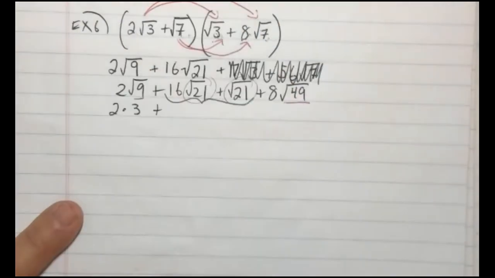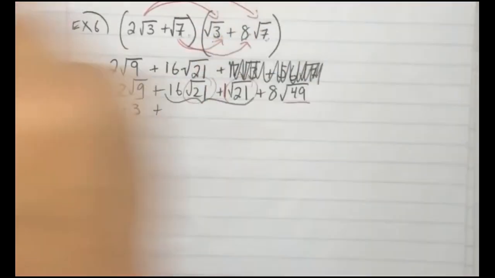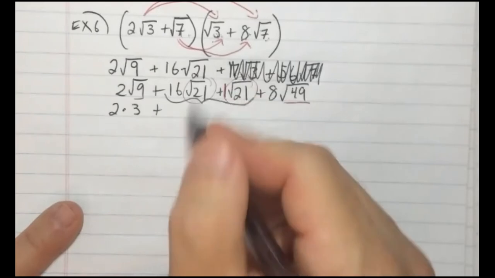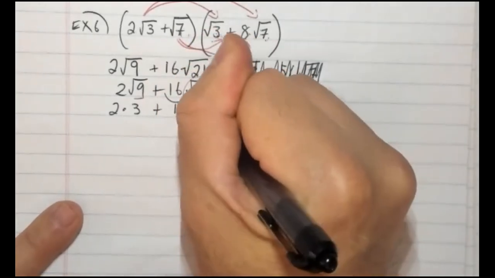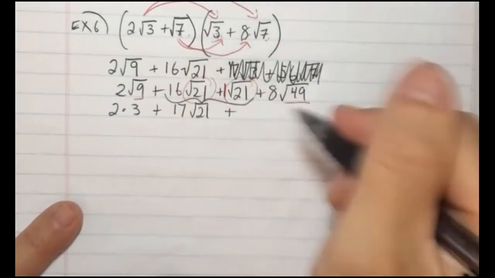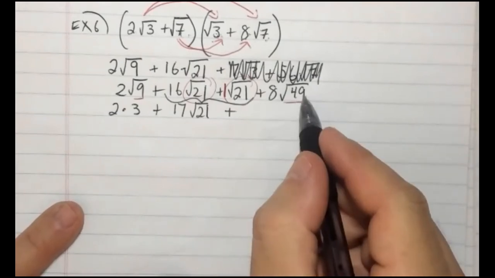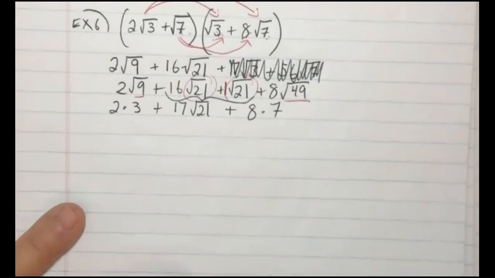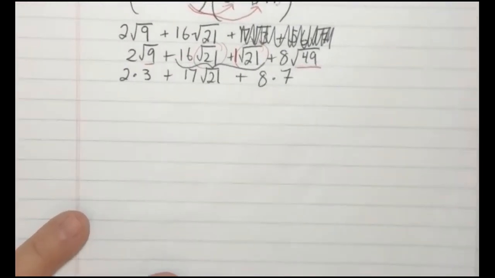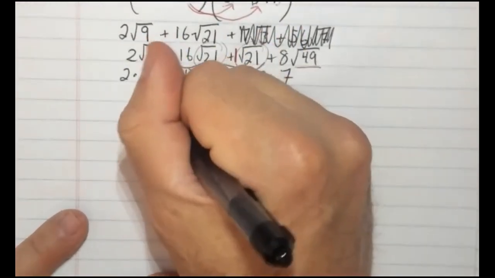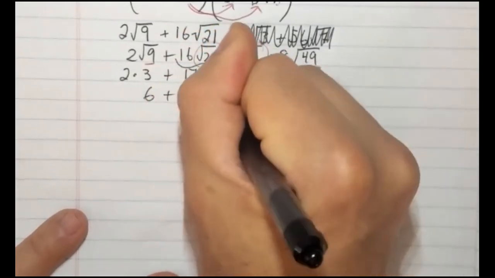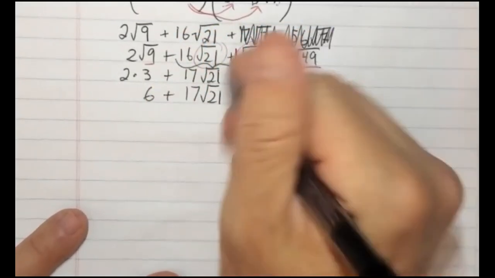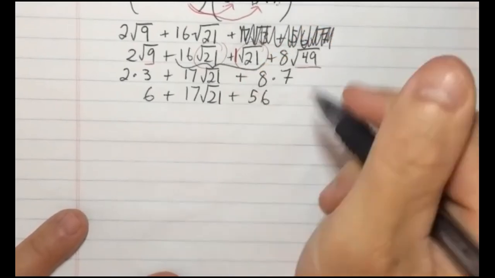Remember, this has a 1 in front of it, so 16 plus 1 would give me 17 square root of 21. And the last one we notice is that square root of 49 is a perfect square, and that equals 7. So let's just clean this up. 2 times 3 is 6, 17 square root of 21, and 8 times 7 is 56.